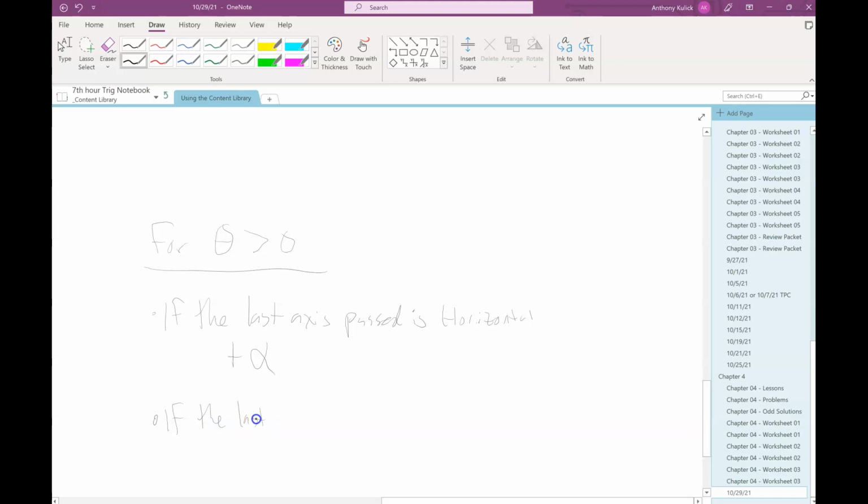If the last axis passed is vertical, we're going to be subtracting alpha.